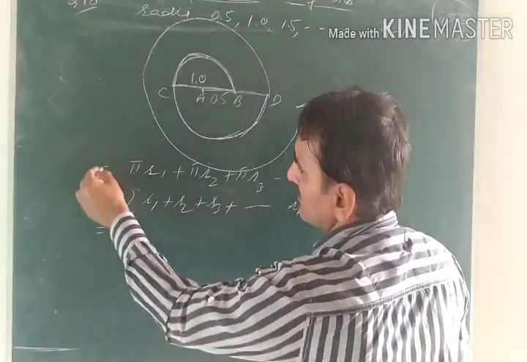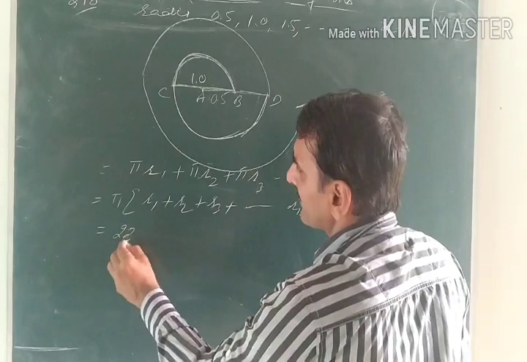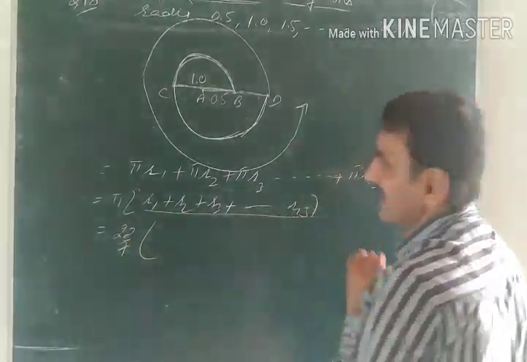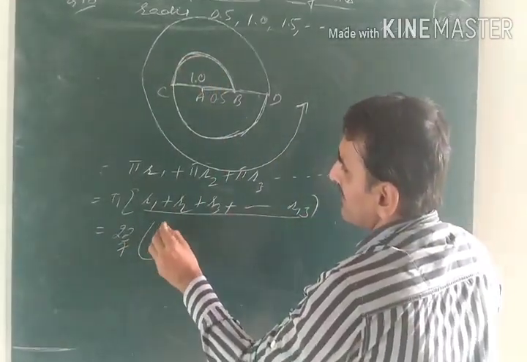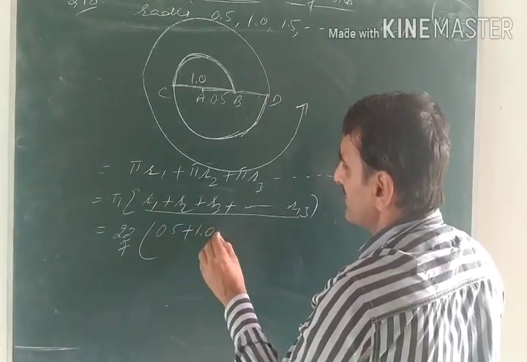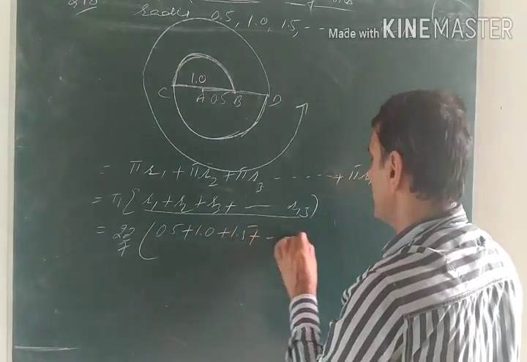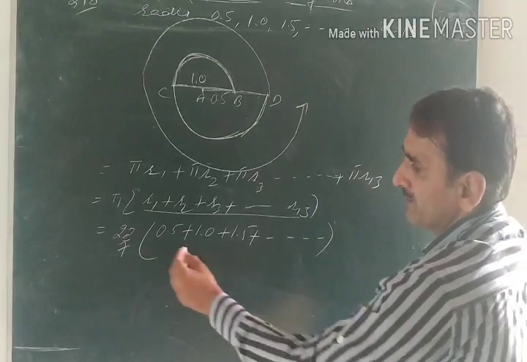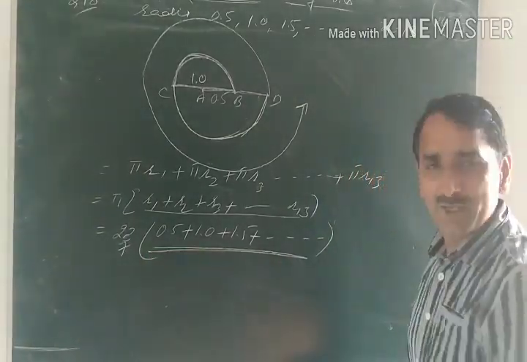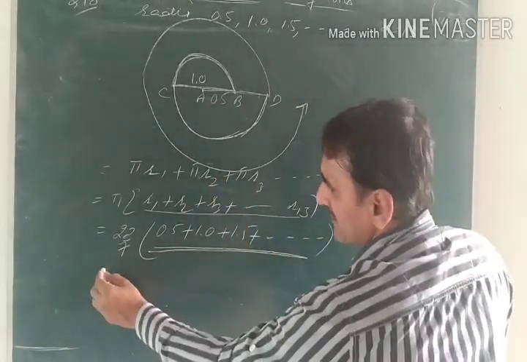Now put these values. Pi is 22 by 7, and this is an AP. Write 0.5 plus 1.0 plus 1.5 plus and so on, then find the sum, and after this multiply by 22 by 7 to get the result.